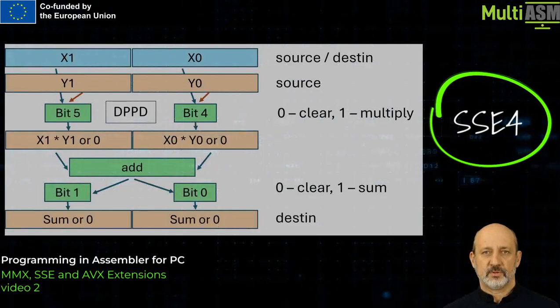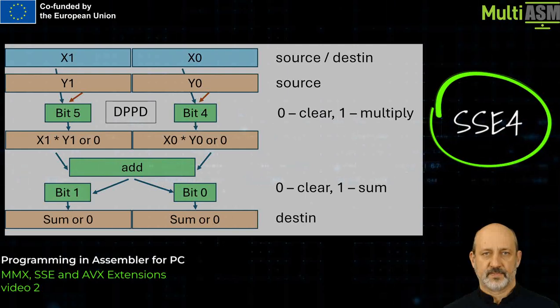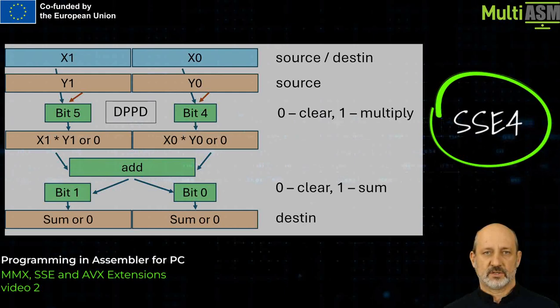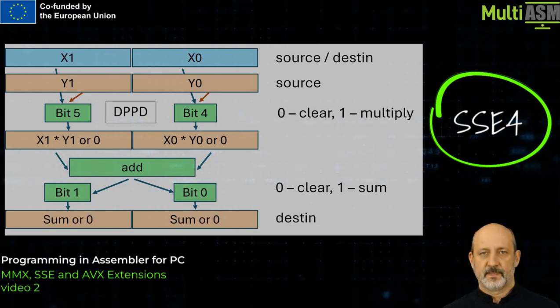We'll go deeper into two kinds of instructions. The DPPD instruction calculates the dot product of two double precision operands. There is also a DPPS version operating with 4 single precision operands.